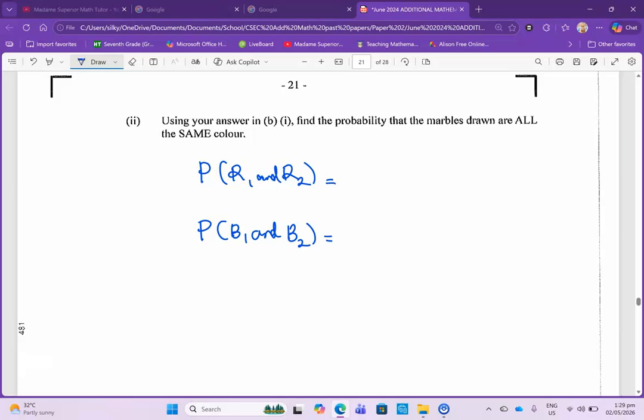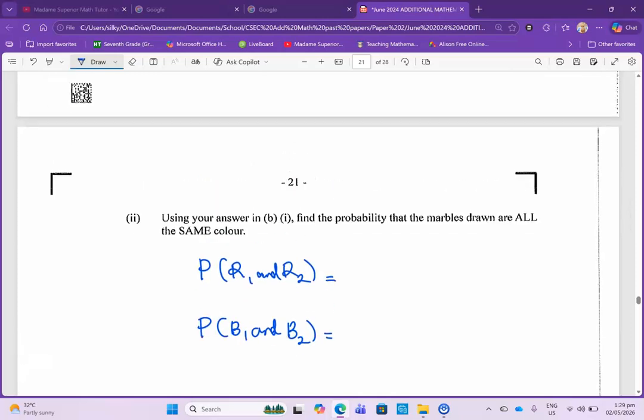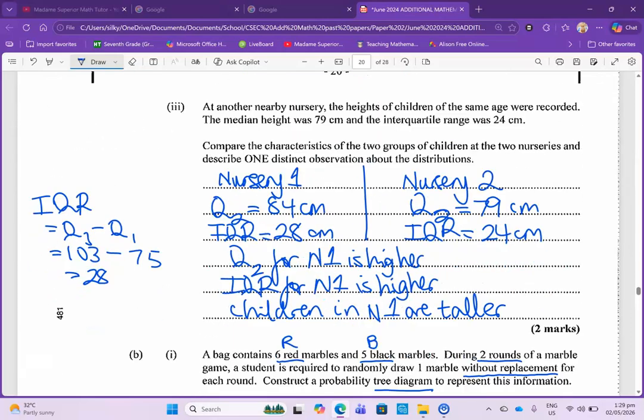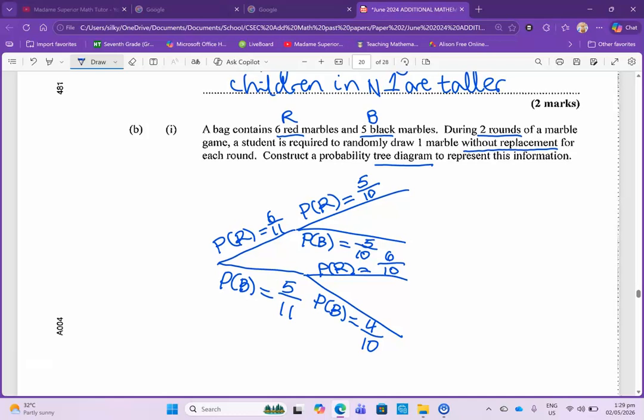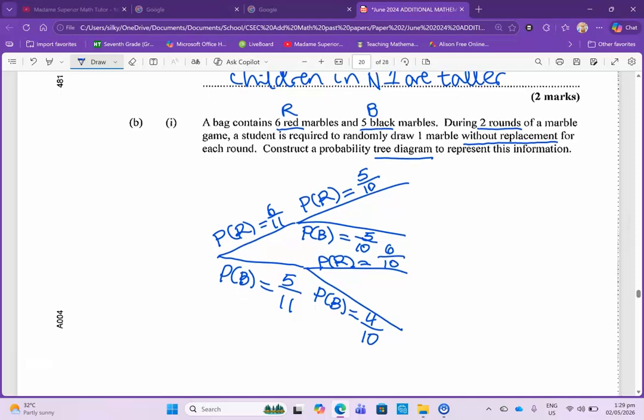Okay, so if the first marble is red and the second marble is also red, then we're looking at these 2 branches here. So it'll be 6 over 11 times 5/10.